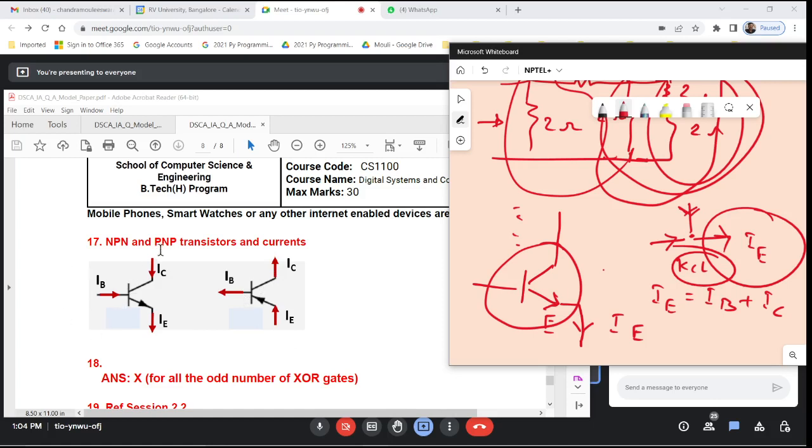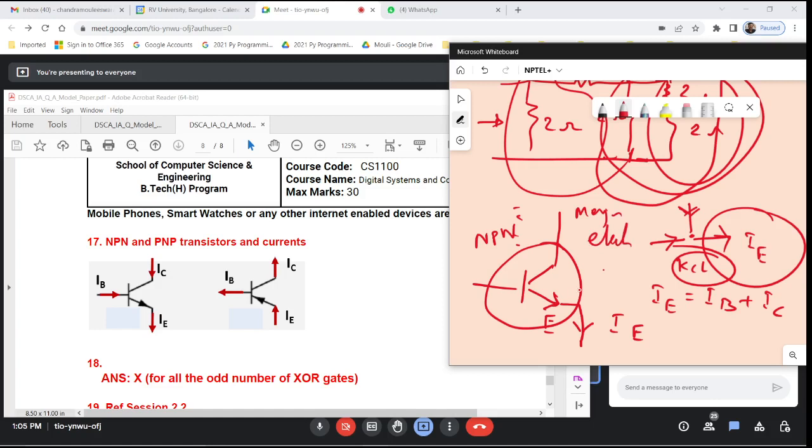Here also the current is drawn by the emitter, but the direction of current flow is reversed because the majority carriers in NPN are electrons. Please remember, this is the NPN transistor and the majority carriers are electrons. That's why the direction is like this.